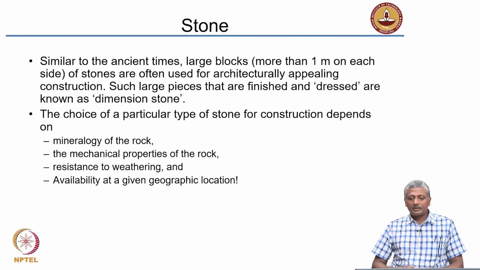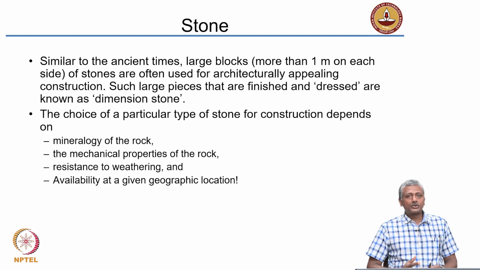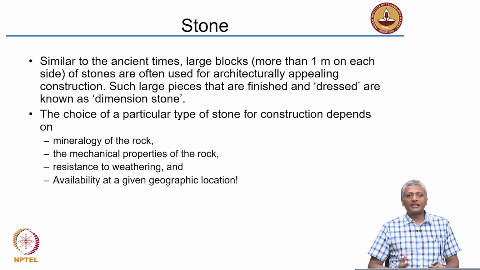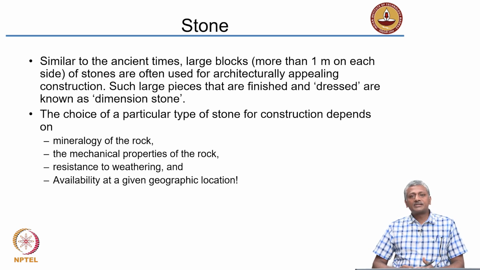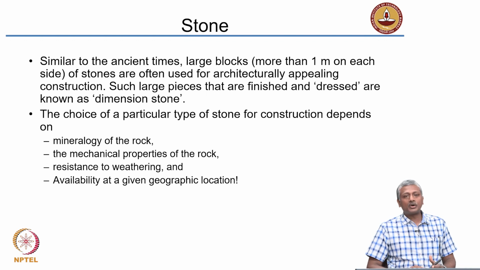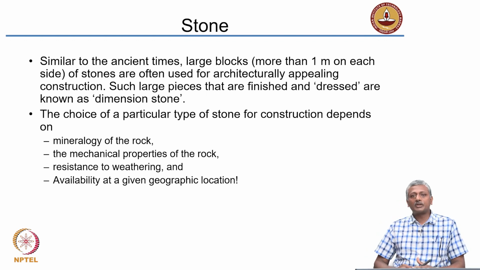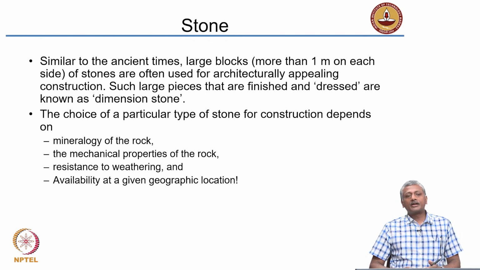Now, when we use stone in very large blocks, typically of the size 1 meter or more, a lot of large-scale buildings, like the old Parliament House in New Delhi and many of the structures in the capital that form the ministries, Rashtrapati Bhavan for instance, are actually made with very large blocks of stone.